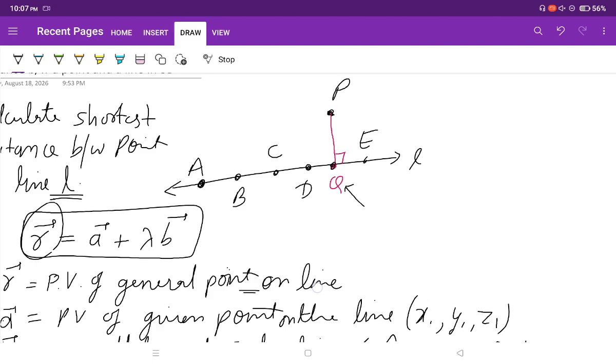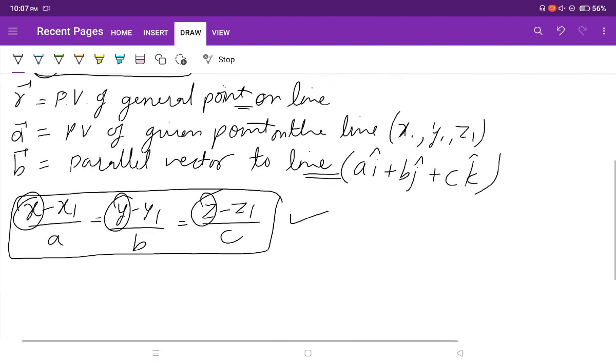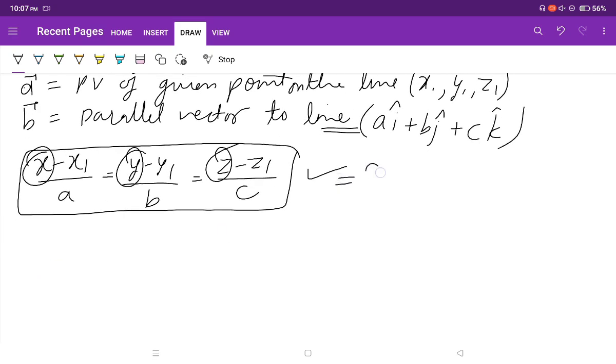Now for this general point we can calculate the coordinates in terms of lambda, right? So we have (x minus x1) over a equals lambda, right?